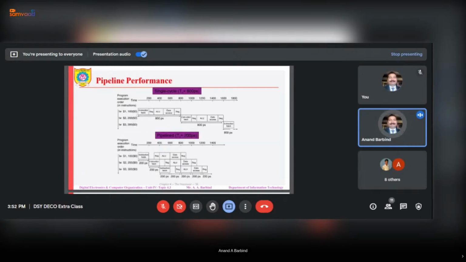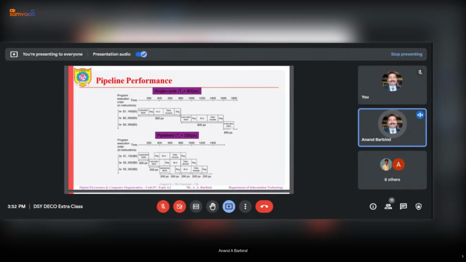So you can see here that after one instruction is executed, which may take, let us say, 800 picoseconds. Pico means 10 to the power minus 12. Because the MIPS processor is very fast, it executes instructions in a very small amount of time.